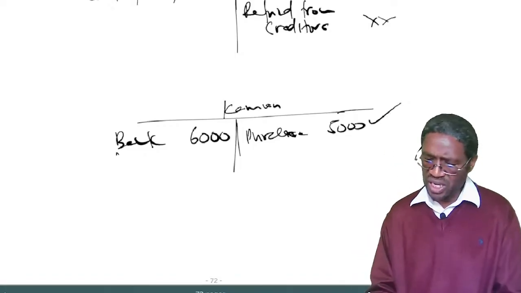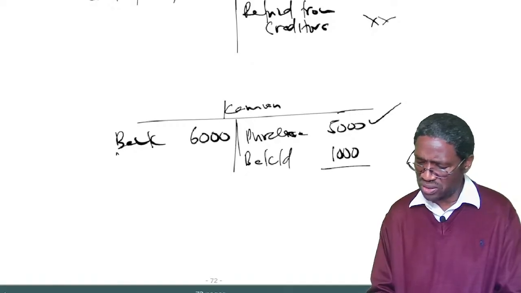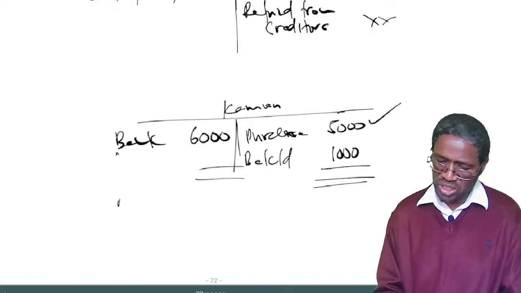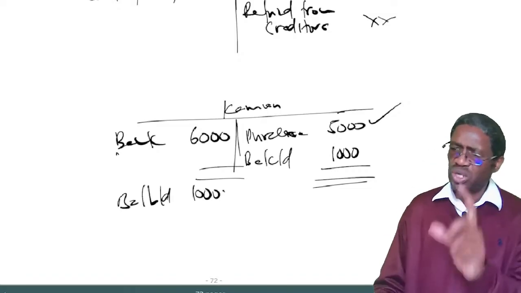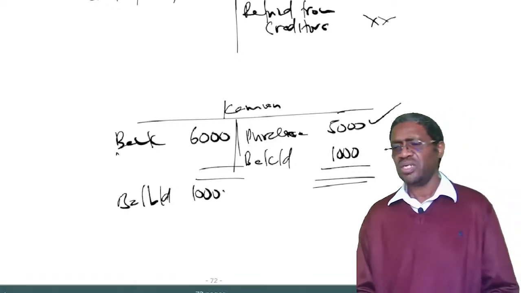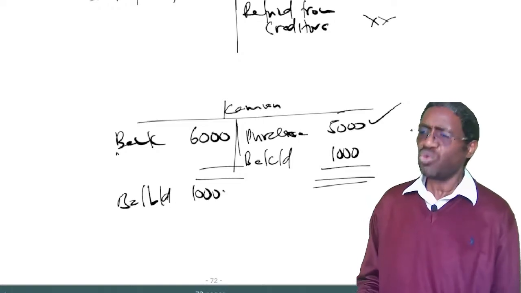Then by the end of the year, you balanced the account and said your balance carried down 1,000. You brought it down by the beginning of the following year, 1,000. So the question is this: do we owe Kamau 1,000 or does Kamau owe us 1,000?